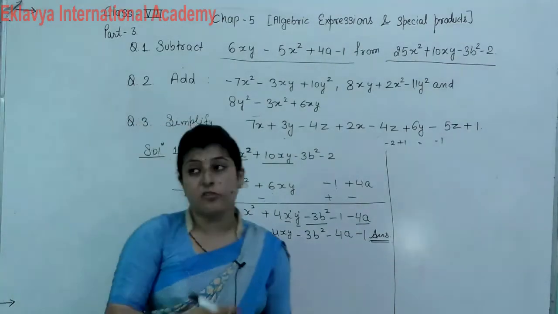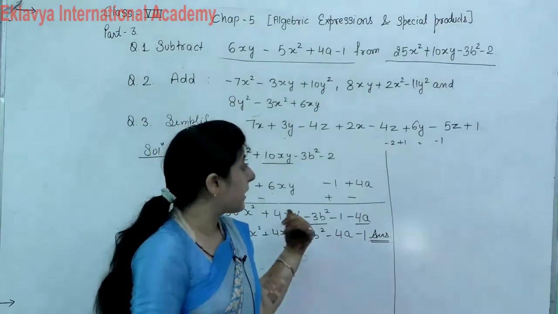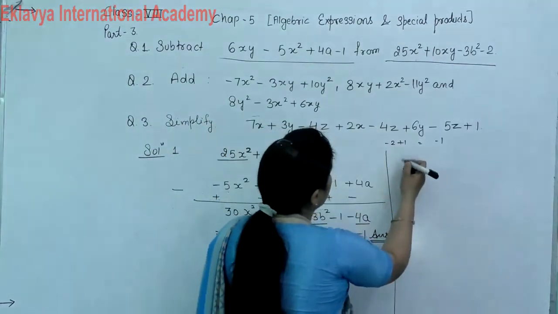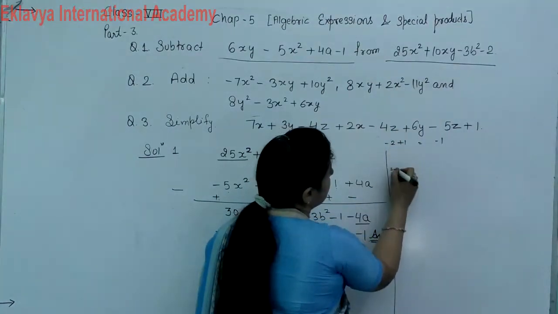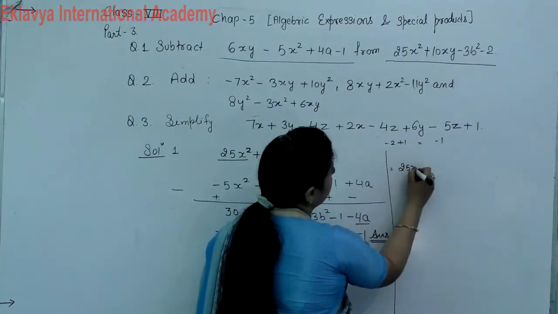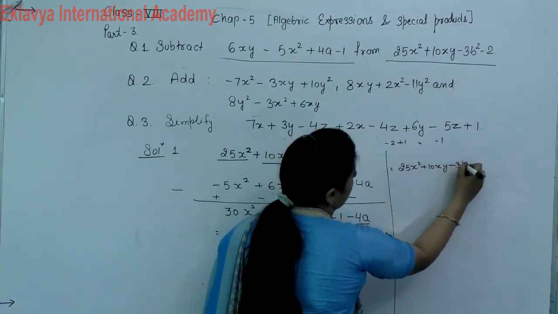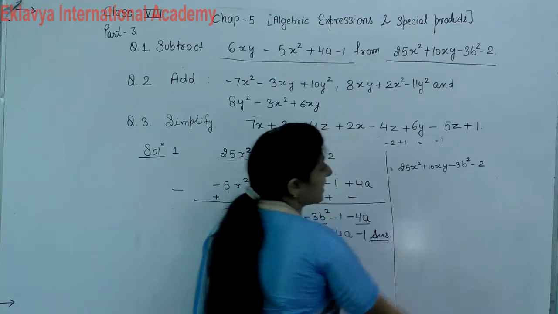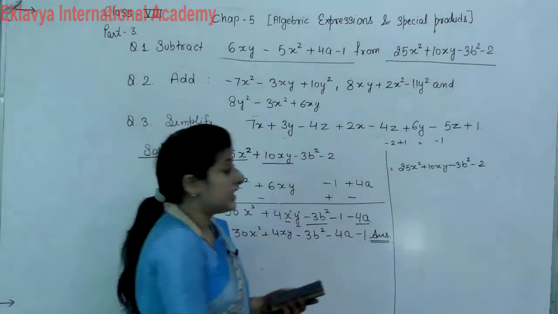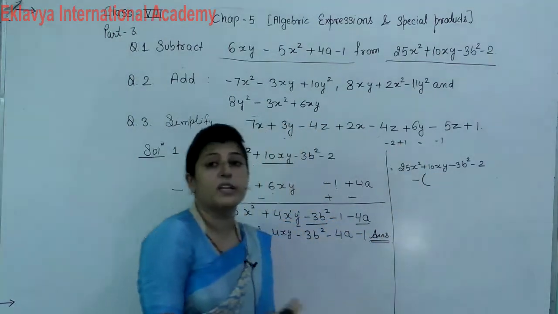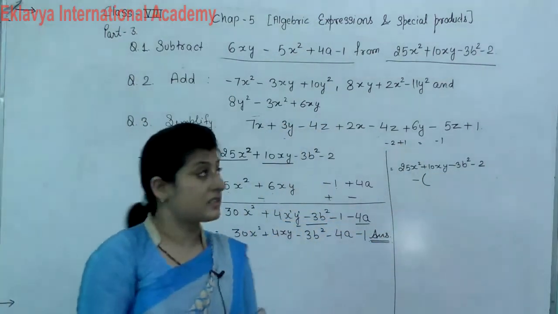The same question now we will solve by applying the horizontal method. Horizontal method also, firstly we write down 25x square plus 10xy minus 3b square minus 2. Then after that we apply the negative sign and write the other polynomial in parentheses.